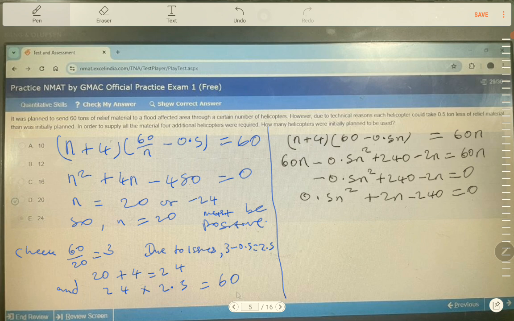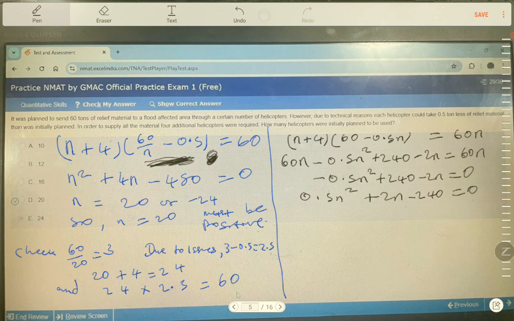So coming back to the quadratic equation, if you want to expand this completely, continue from here. If you multiply through by n, just focus on multiplying this bracket now. So if you multiply only this bracket, you have 60 minus 0.5n. Then you expand this bracket.